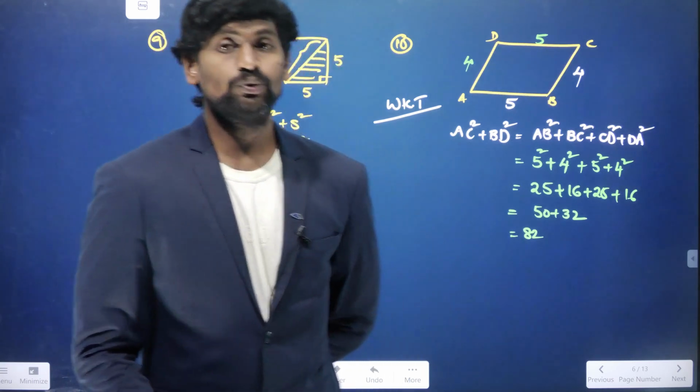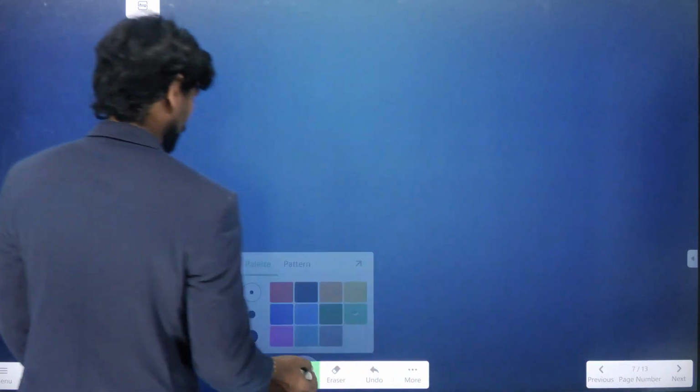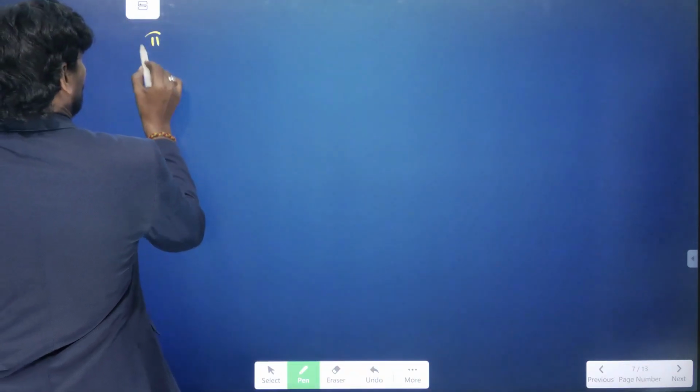Let us move on to problem number 11. The 11th problem is: ABCD is a parallelogram.